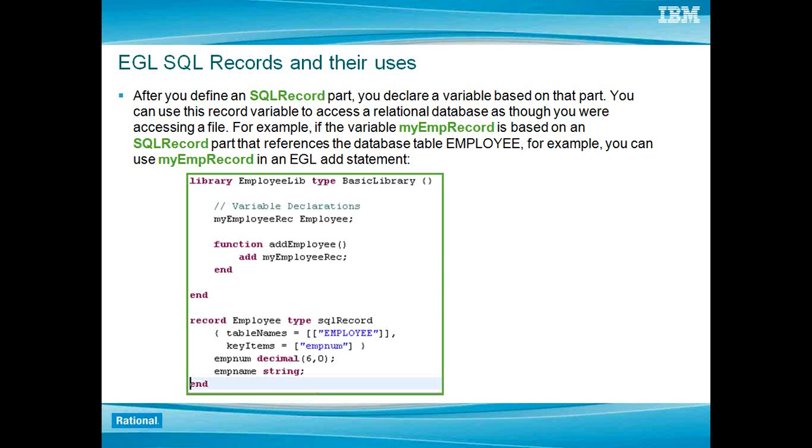Once you have created your SQL record, you just provide values in the SQL record, and then write the add command with your SQL record name. Then the values that are present in your SQL record will be automatically inserted in the corresponding table.